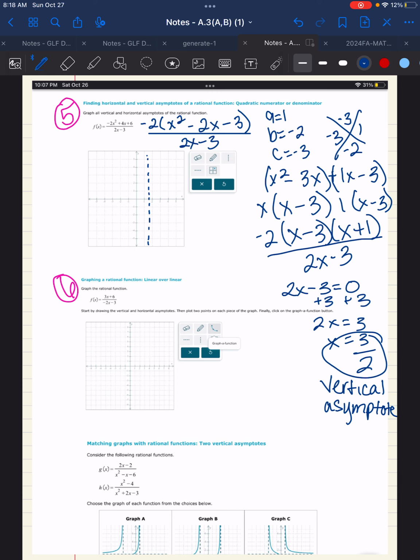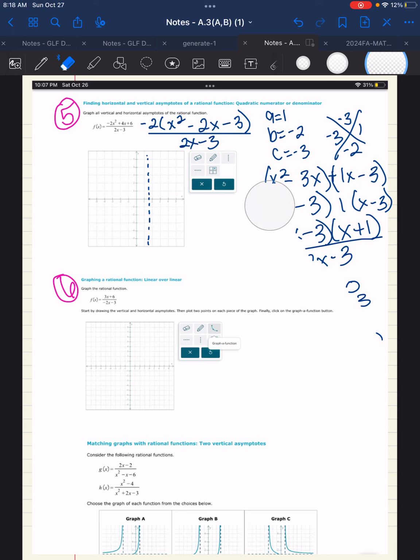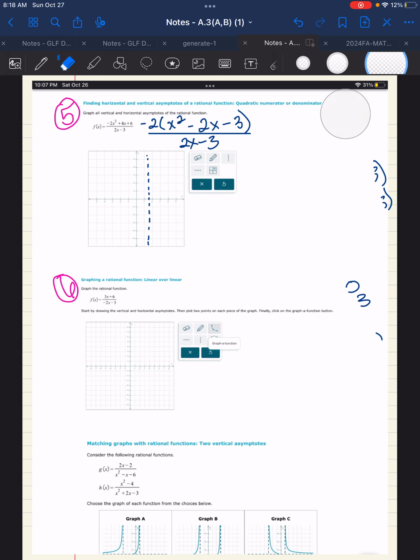Okay, let's find our horizontal asymptote. The horizontal asymptote says you're going to take the degree of the numerator, which is 2, and divide it by the degree of the denominator, which is 1.